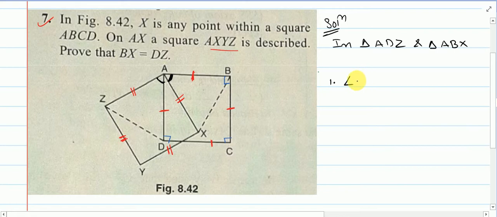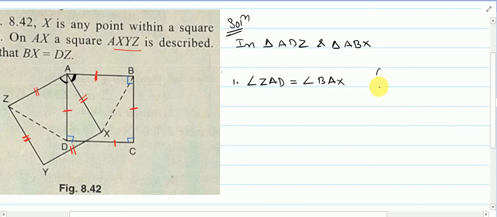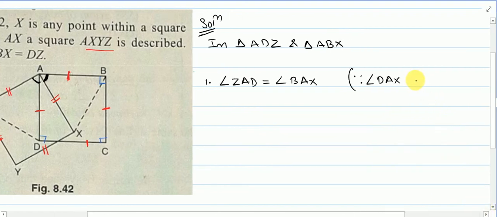Angle ZAD is equal to angle BAX, since angle DAX is common.